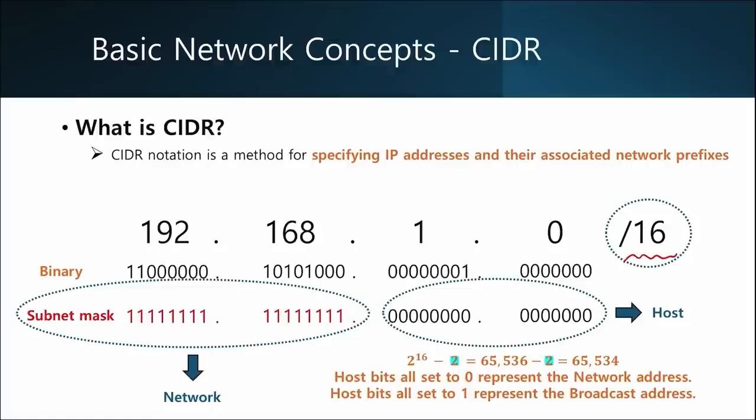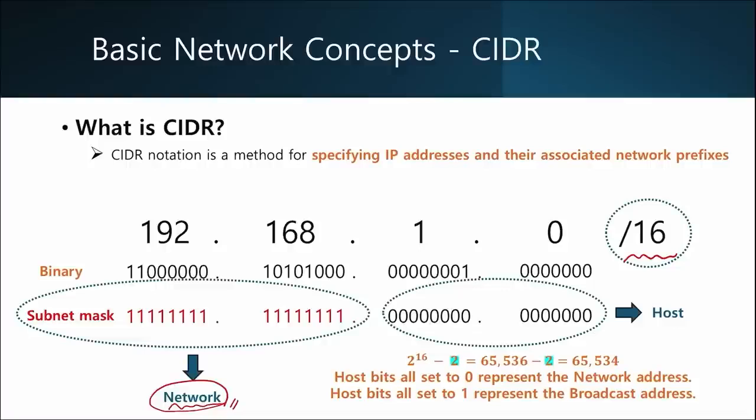As you can see in the picture, the 16 is the length of the network prefix. When we learned about IP earlier, we learned that each number is 8 bits. The 16 means that 16 bits are a prefix that indicates a network. The first 16 bits are fixed, and the last 16 bits can be used to allocate the IP range.